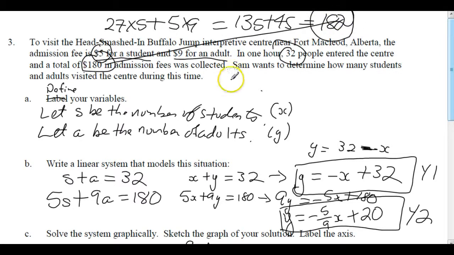So within the context of the question, and forgetting everything about this, right? Forget about all your variables, forget about all your equations. If these were wrong, we're going to have a different solution, right? This won't add up. We won't have 32 people, and we won't have $180.